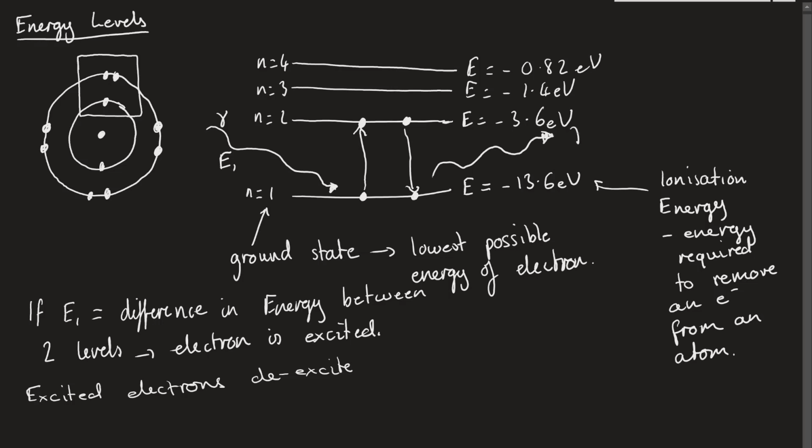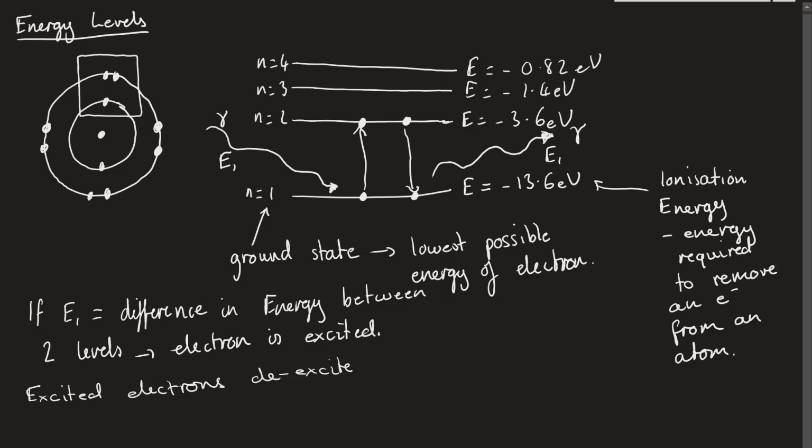Okay, so this is a secondary photon. The energy of this photon will be exactly the same as the energy of this photon, because this photon has to be the difference between these two energy levels. Okay, so this will also have energy E1, because the energy lost is equal to the difference in energy of these two energy levels, and that has to be conserved.